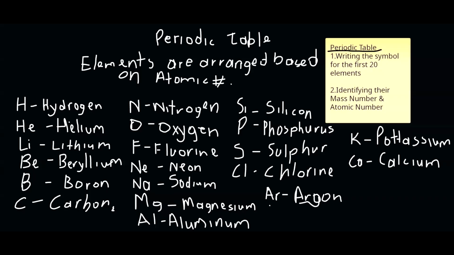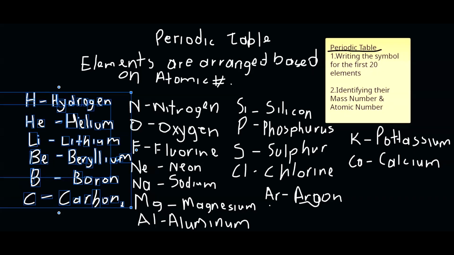So each element, they would arrange based on their atomic number. So if we want to identify, give me a minute. Go over this some more. So if we want to identify the atomic number for fluorine, what would be the atomic number for fluorine? 16.